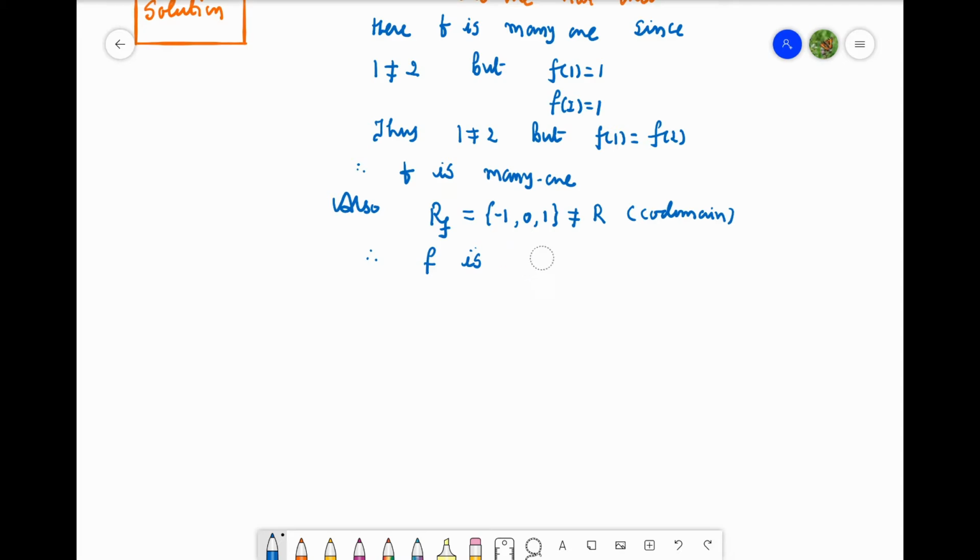So the signum function is a many-one function and also not an onto function.